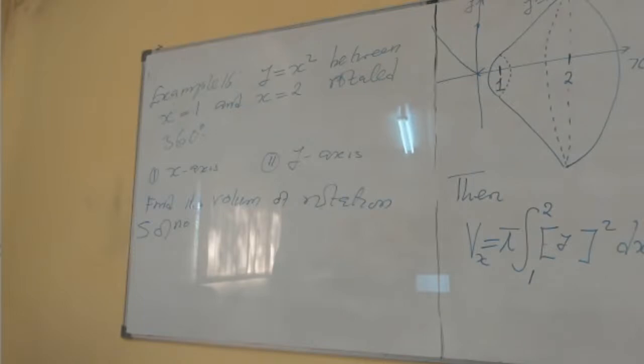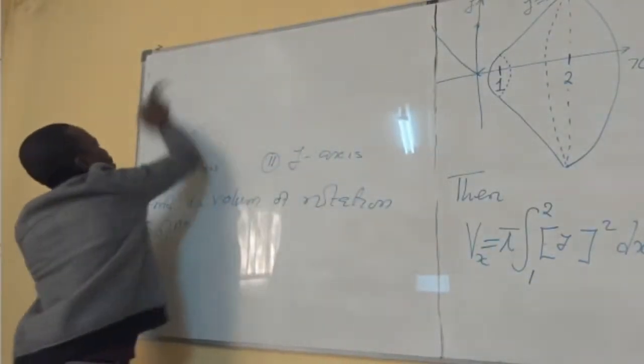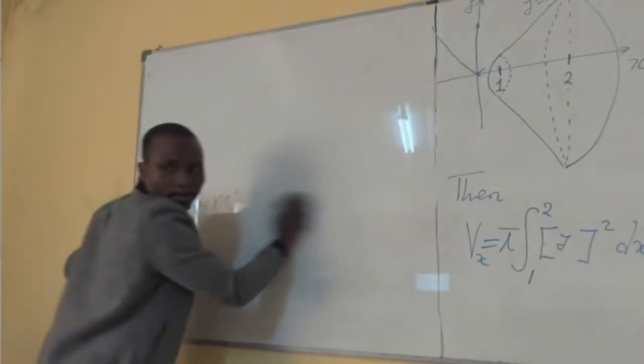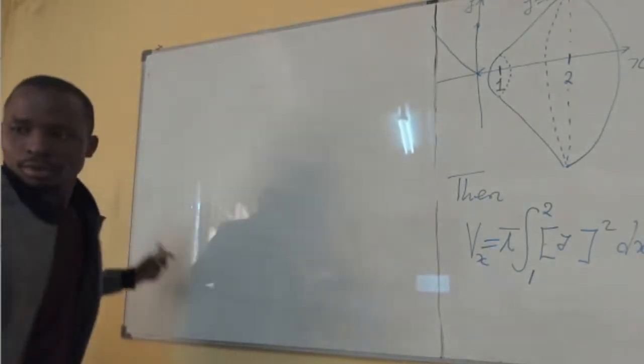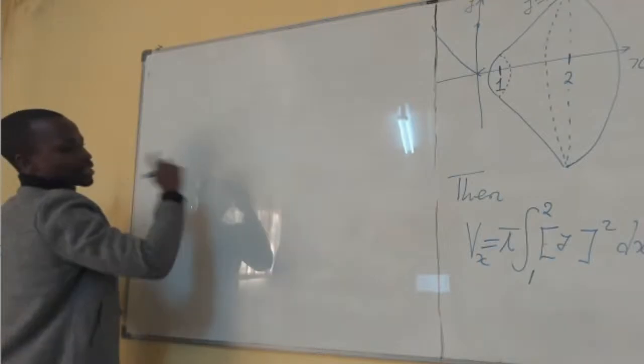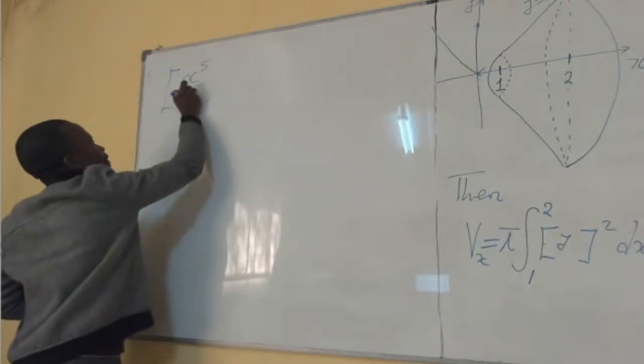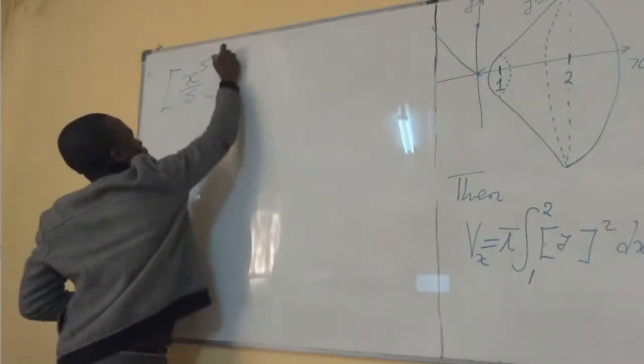Okay, so now this is just equal to pi times the integral from 1 to 2 of x to the power 4 dx, which is going to give us x to the power 5 over 5 from 1 to 2.